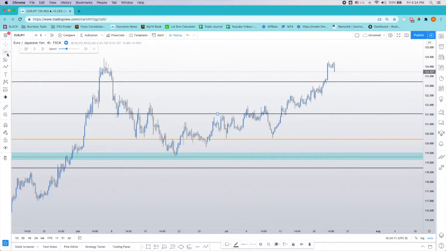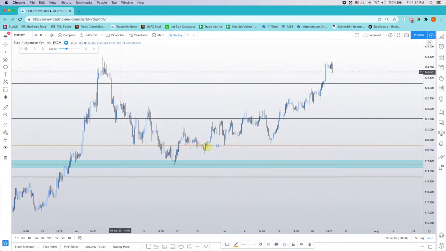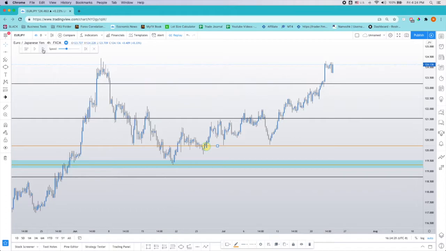My entry would have been right about here in that area. It's kind of little. Expand it. So this area right here I would have entered. Okay, so yeah, let's continue to press play and let's look for break and retests.